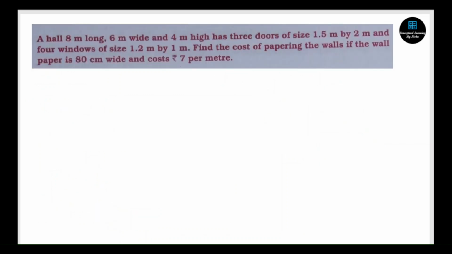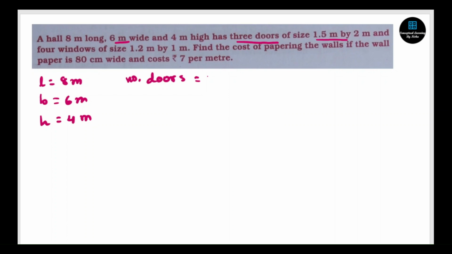Okay. Now the hall dimensions are given. So that means length is equal to 8 meter. Breadth is equal to 6 meter. And height is equal to 4 meter. Alright. Now it has 3 doors of this size. So number of doors is 3, right?